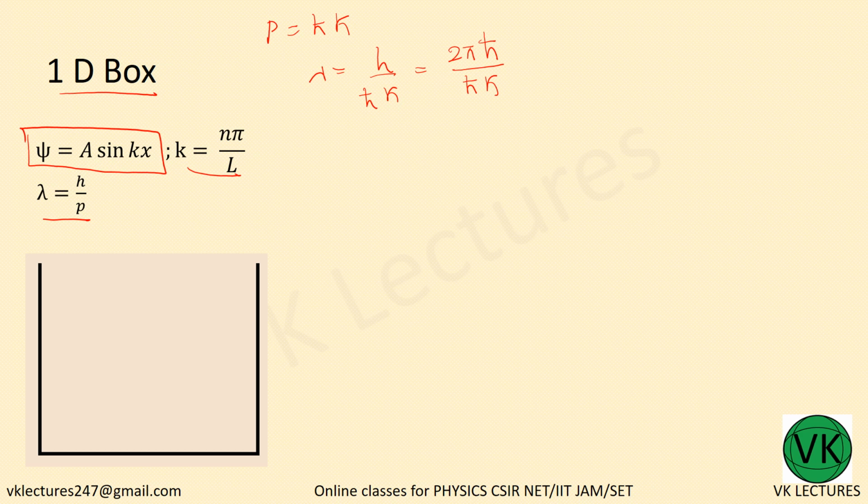And k is n pi by L, so that is 2 pi h cross divided by h cross into n pi divided by L. The pi gets cancelled, h cross and h cross cancel, so what you get is lambda equal to 2L divided by n. This is the very same wavelength that we found from the extended string.